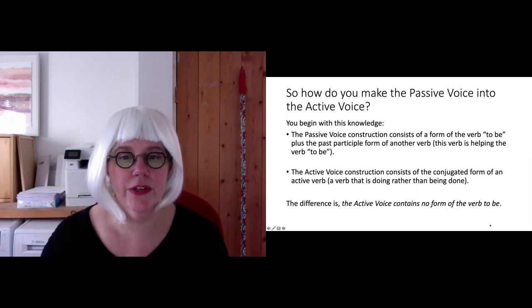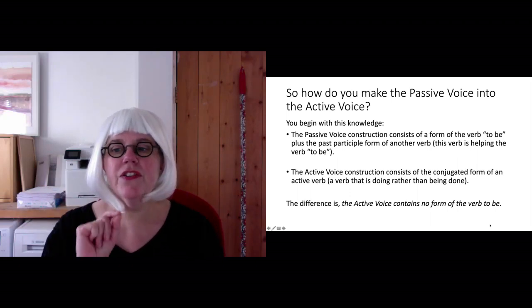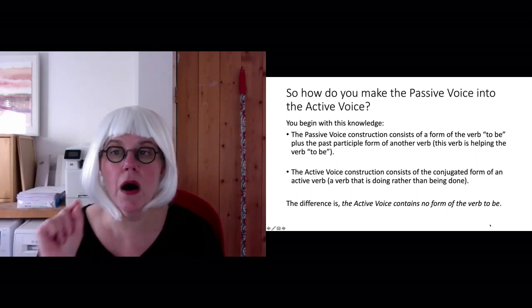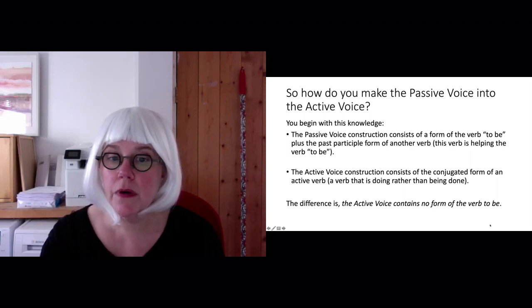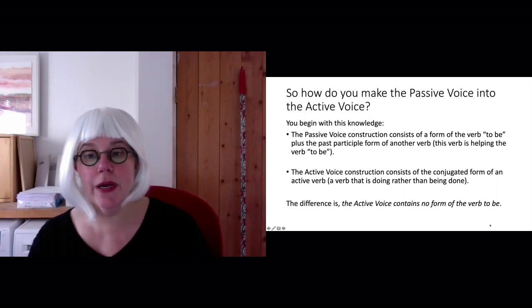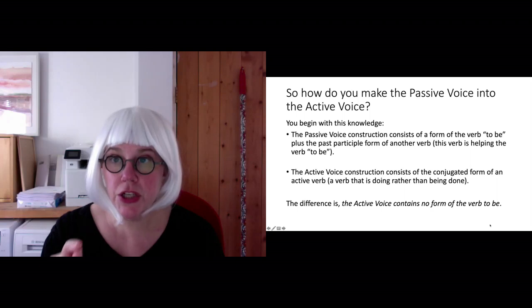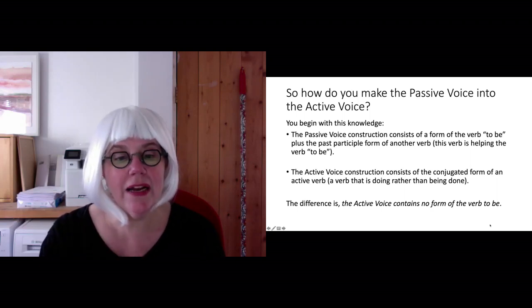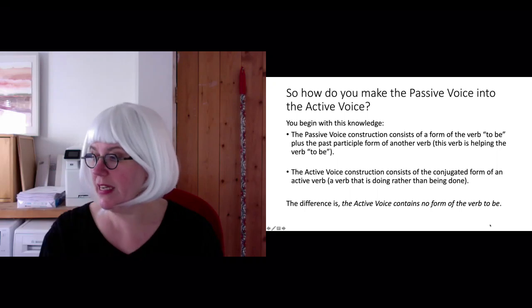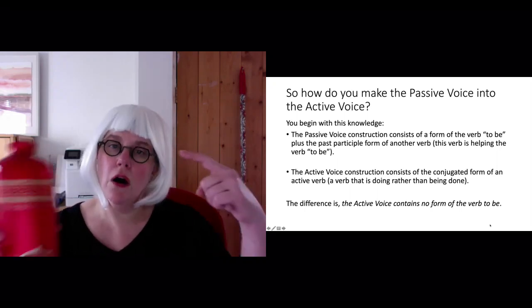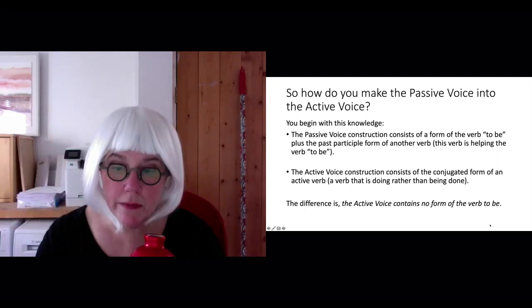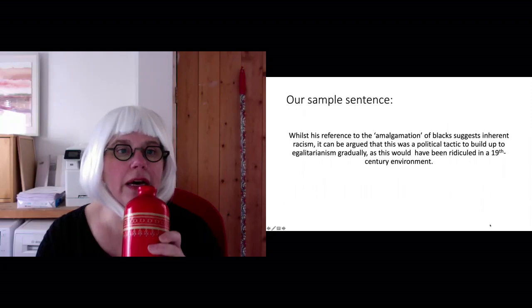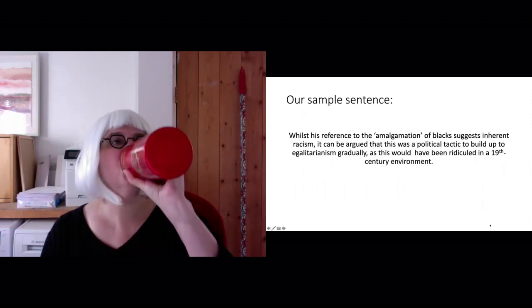The active voice construction, however, consists of the conjugated form of an active verb, a verb that is doing rather than being done. And the difference between these two is that the active voice contains no form of the verb to be. Let's have a look at our sample sentence.